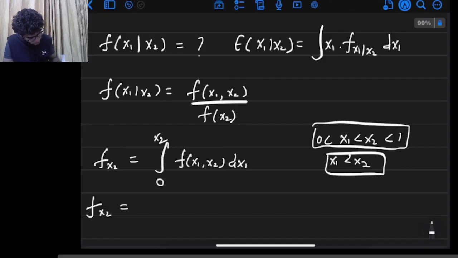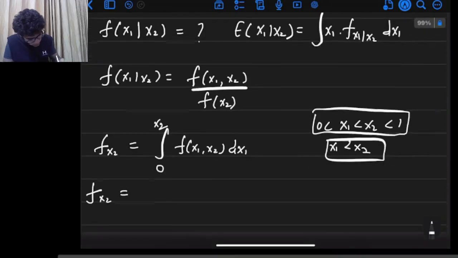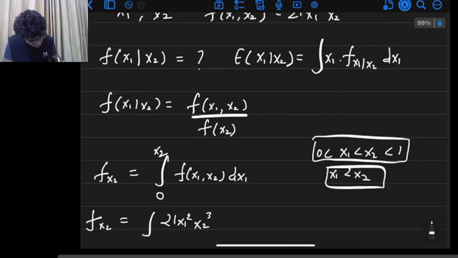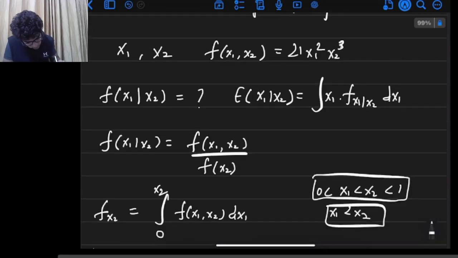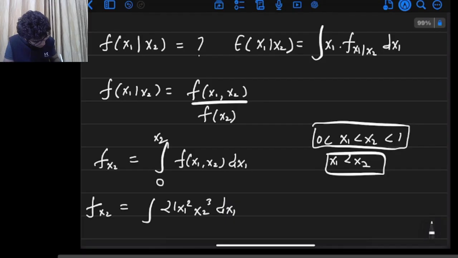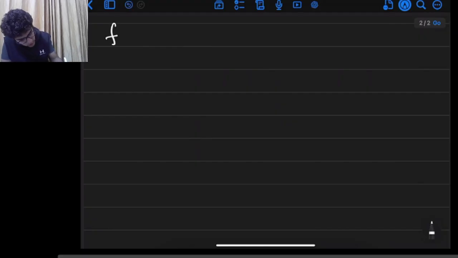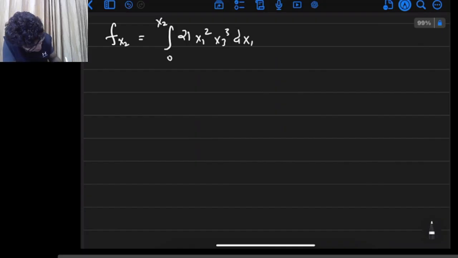So f(x2) will be the integral from 0 to x2 of 21 x1 square x2 cube dx1. Now let me compute this. 21 comes outside, and I'll be treating x2 cube also as a constant, so x2 cube also comes out.